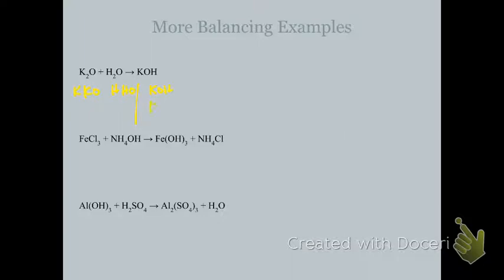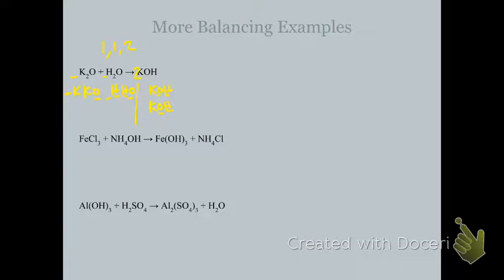And I have 1 K, 1 potassium, so I'm going to change that up. Now my potassiums are balanced, and then I'm going to look at my oxygen and hydrogen next. I have 1 oxygen right here, 1 on this side, so I'm good. I have 2 hydrogens here, 2 hydrogens on this side. So it's pretty easy. I only have 1, so I'm going to leave that blank. 1 here, and then 2. So the answer is 1, 1, 2 here.